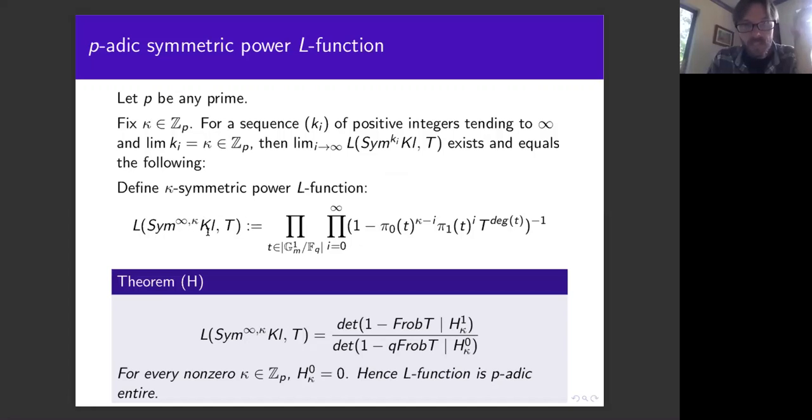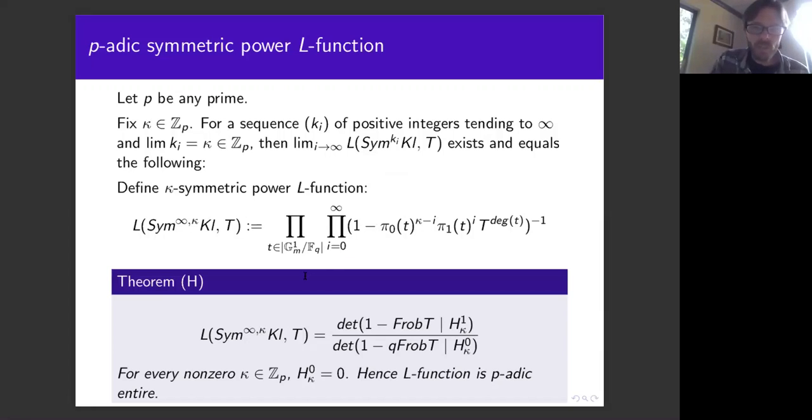This is actually a different beast, because this infinity will stay there no matter whether kappa is a positive integer or not. So if you take limits of these finite symmetric powers, you get this p-adic symmetric power.